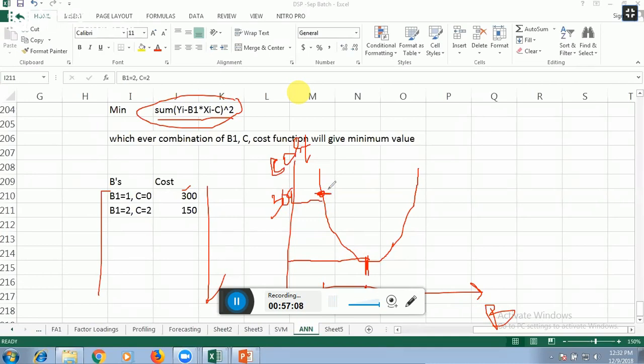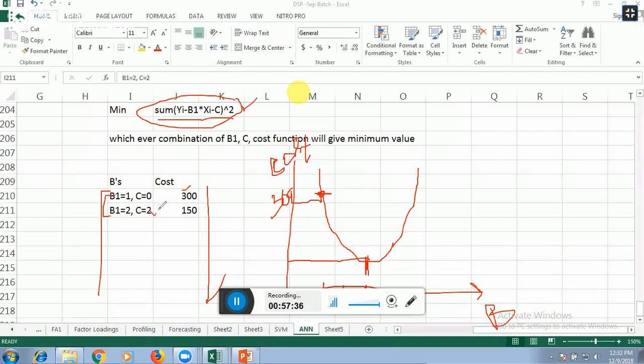Now suppose I change my beta value. The beta value is increased; assuming this is 1, it is increased to 2. Corresponding to that, I can also calculate my sum of squares of error.